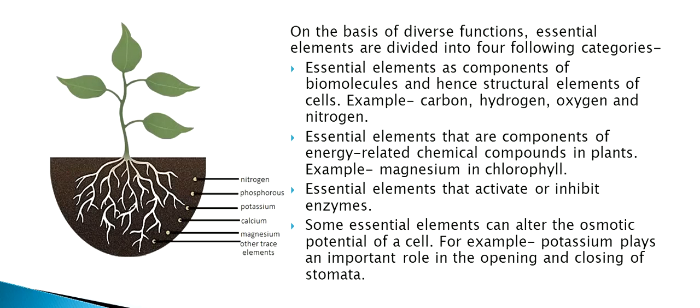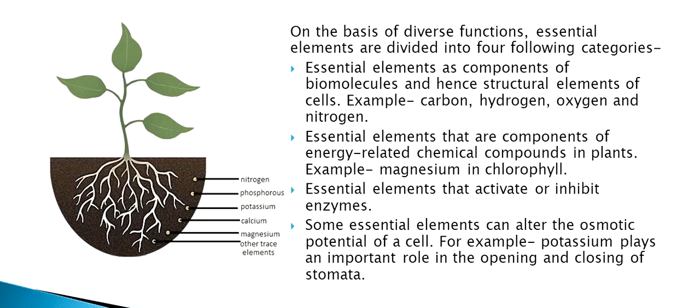On the basis of diverse functions, essential elements are divided into the following four categories. Essential elements as components of biomolecules and hence structural elements of cells. Example, carbon, hydrogen, oxygen and nitrogen.